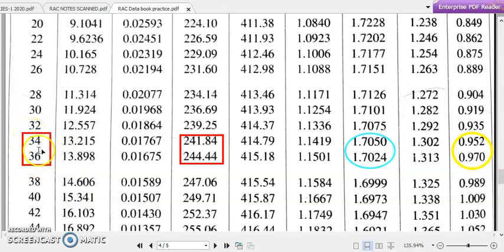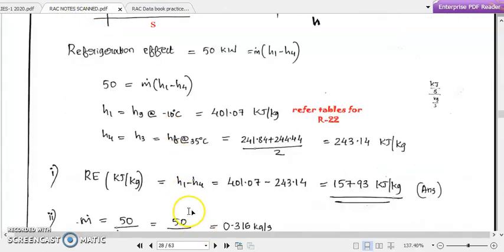Correctly, the 35 degrees Celsius value is not given, but we can interpolate the values for 34 and 36, that is 241.84 and 244.844. So we can interpolate the values and find the value for HF at 35 degrees Celsius as 243.14 kilojoules per kilogram. Don't forget to always write down the kilo unit. Here it is kilojoules per kilogram.